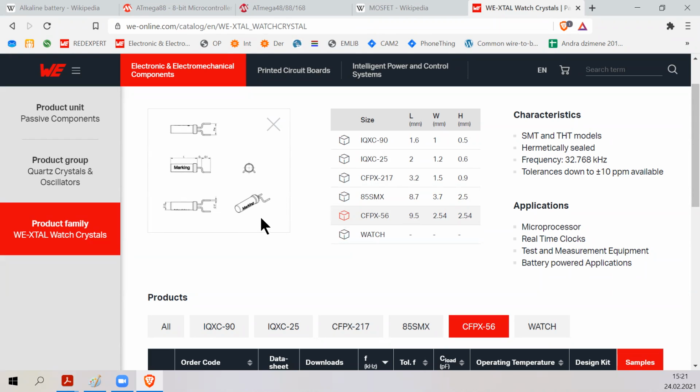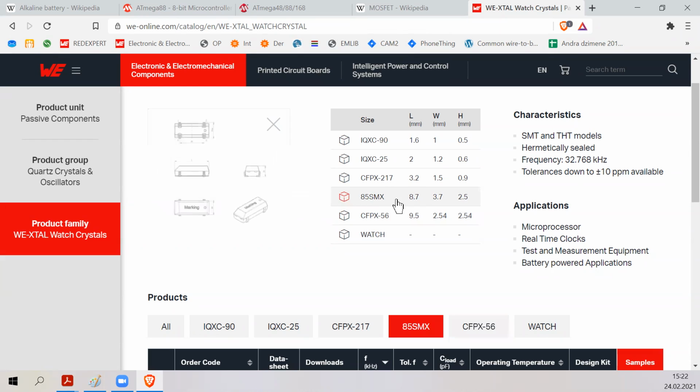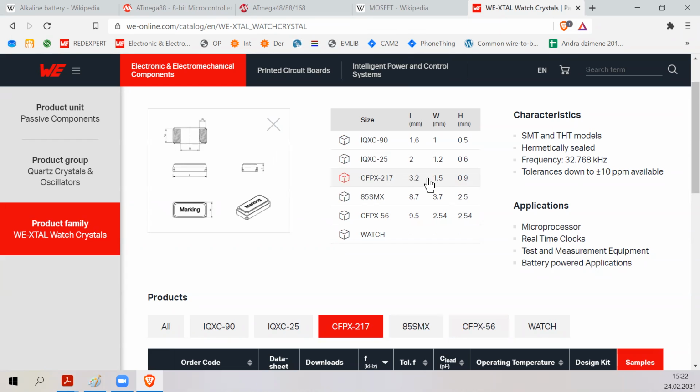We were using these, and oftentimes during manufacturing, one of these legs was up in the air and didn't solder to the board, so the devices didn't work, and they had to be manually fixed. So I don't recommend these, but these are really, really cheap. What I do recommend is this 3.2 by 1.5 size, or maybe something smaller. These solder very well, so no problems with that.